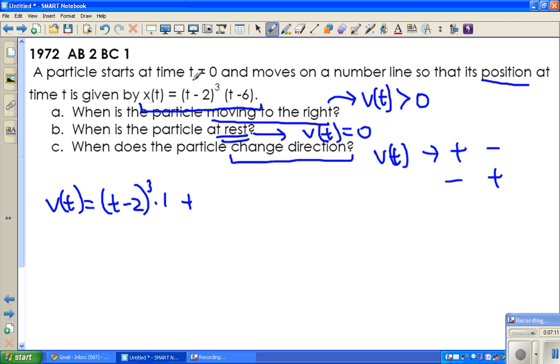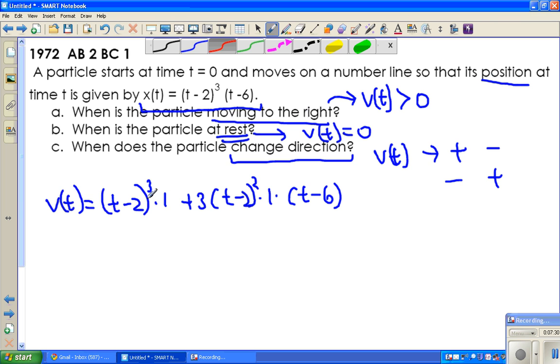Now let us take the derivative of the first one, which will be 3(t - 2)^2 times the derivative of the inside, which will in fact be equal to 1, times (t - 6). Now as you can see here, we realize t - 2 is common.